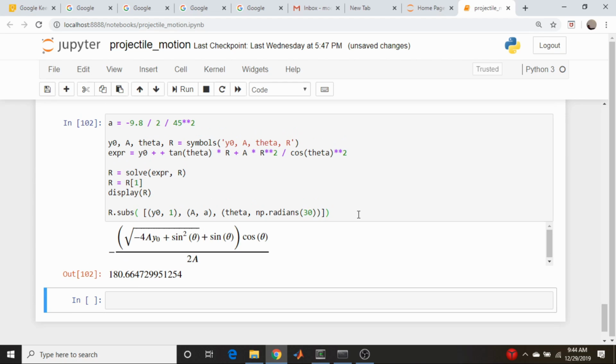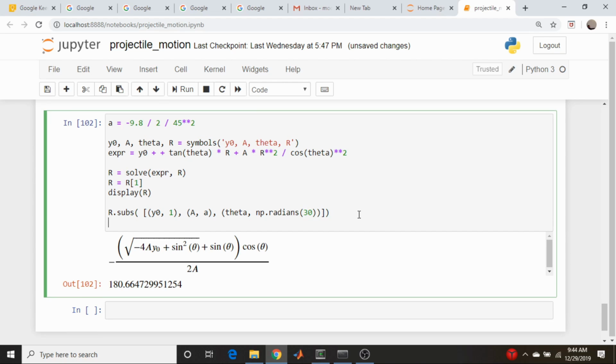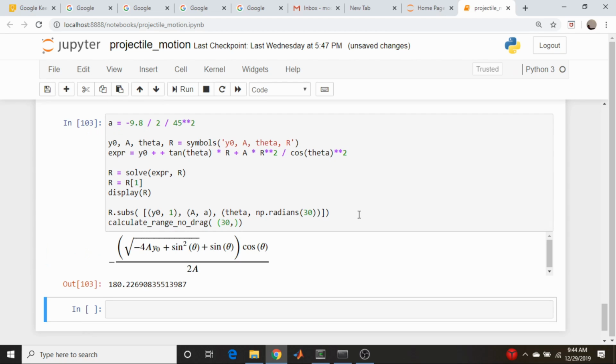180.66. So if we come back up here and we do a calculate range NoDrag, and we put in 30, that should give us basically the same answer. We need to print it, don't we? Why can't I find my cursor?